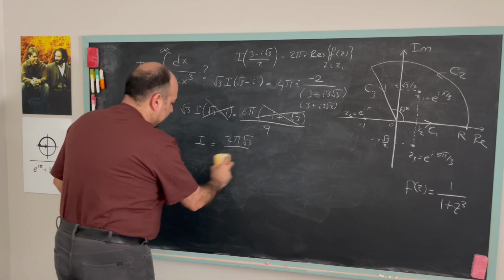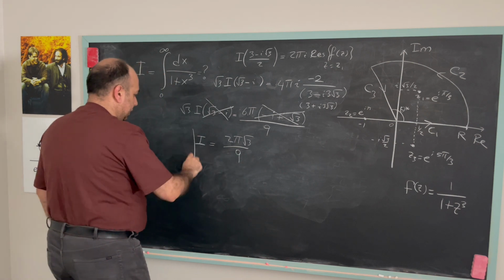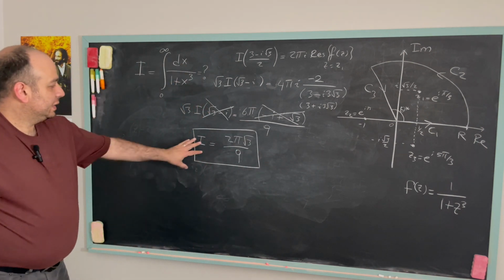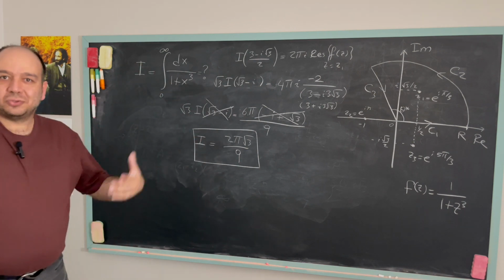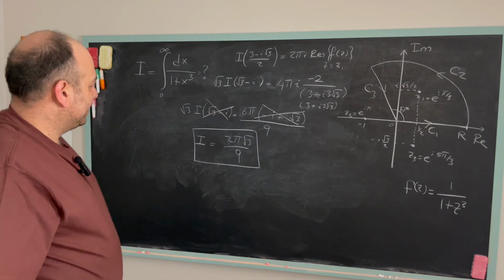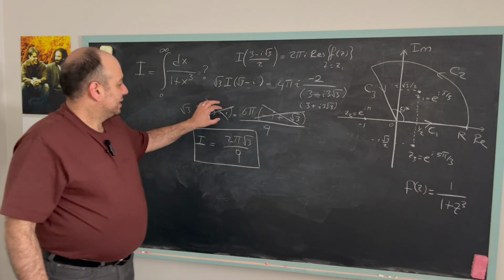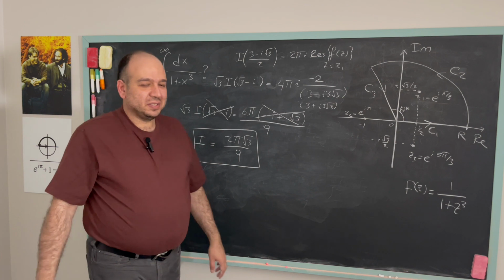So in the end, this is just 9. And this is our answer. As you see, the result of this integral turned out to be a real number, as we expected. And magically, or nicely, all these imaginary parts disappeared.